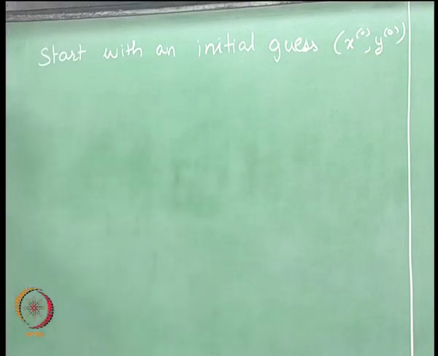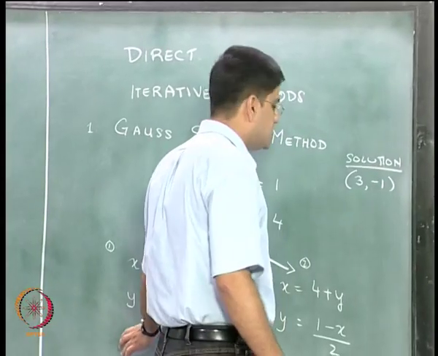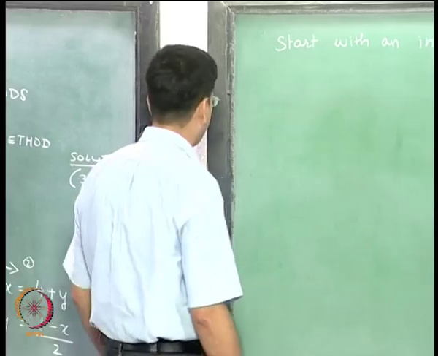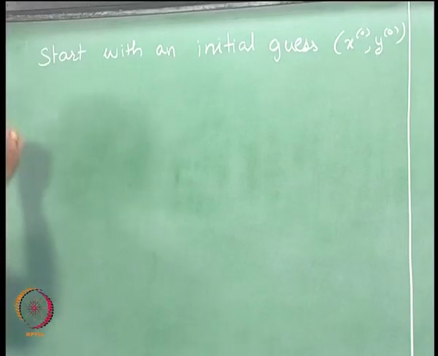We use these rearranged equations as update equations in order to improve the values of x and y. Let us look at what happens if we use the first equation.